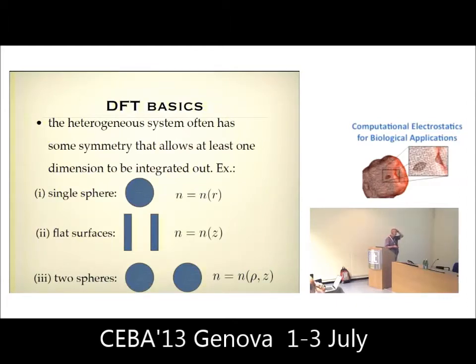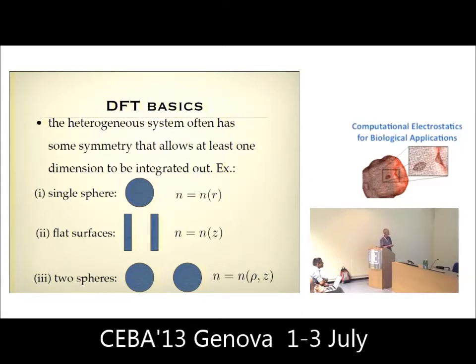In my field, at least, the system I tend to look at has some symmetry. I realize that for proteins this can be a bit different, but in colloidal science things tend to be a bit easier than in biological science. So we have spherical particles, or we have rods, or we have something which is prone to some sort of symmetrization.